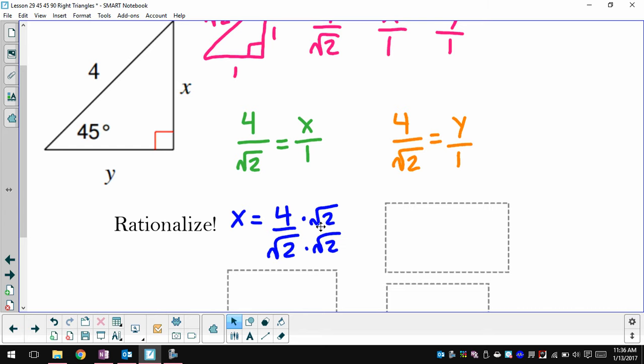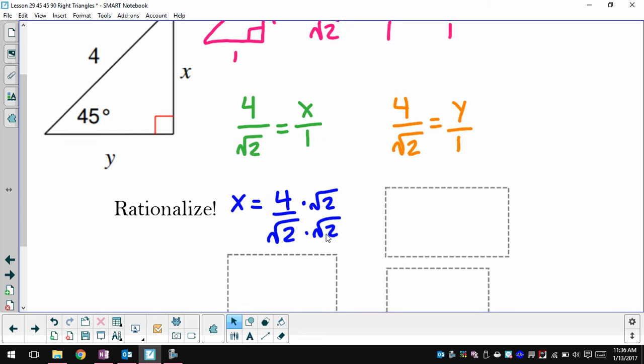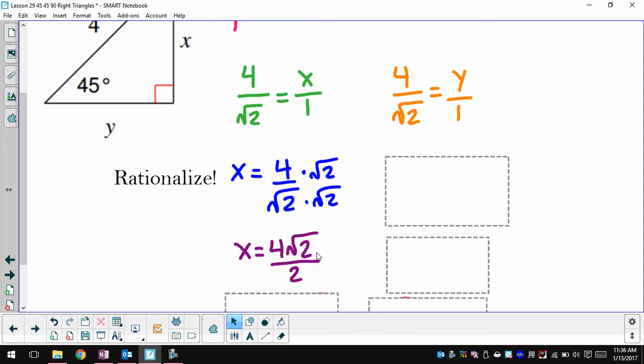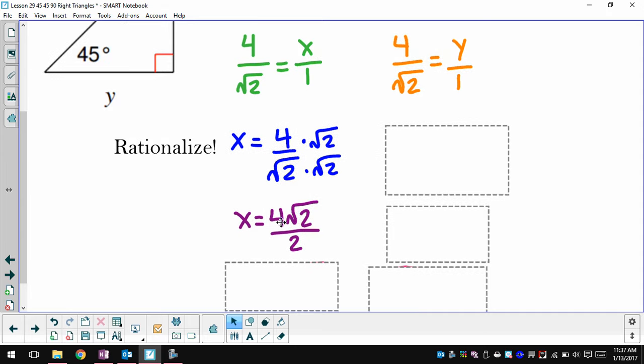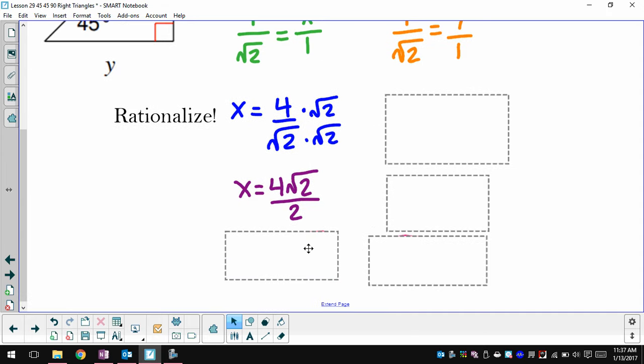So you can see I'm multiplying the top and the bottom by square root of 2. On the bottom, the square root of 2 times the square root of 2 cancels out those square roots, and I'm just left with the number 2. And up top, I just write 4 next to root 2. That represents 4 times root 2. And the last thing I have to do there is simplify: 4 divided by 2 is 2. And that's my value for x.